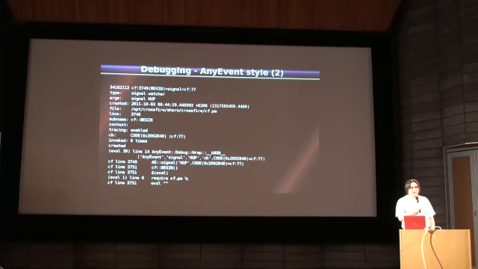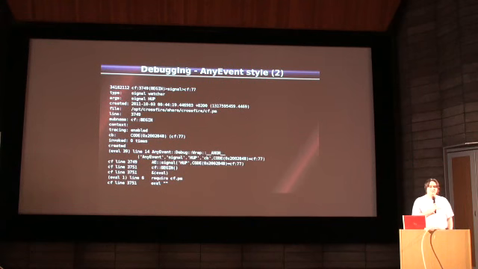And AnyEvent actually stores a lot of information about each watcher, which you can access with the i for info command. So if I investigate this watcher in detail, you can see again the short name, where it was created, what type it is, where the callback points to, and all the other information that is being stored.